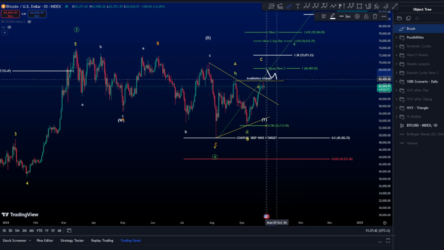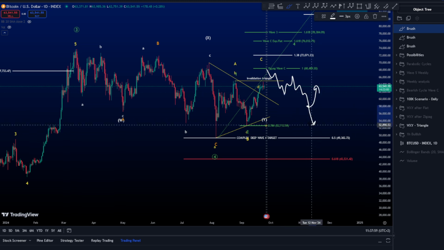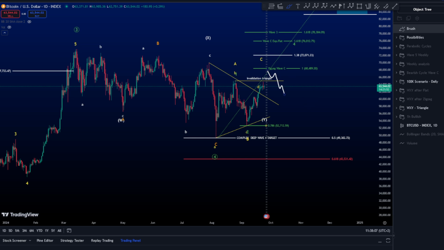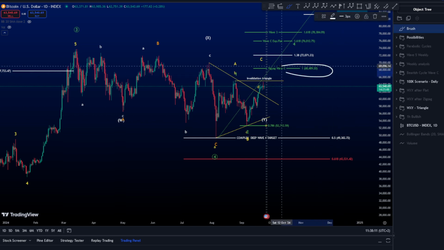In case we see a rejection with an impulsive wave towards the downside, the possibility of the bearish scenario goes up a little bit, where we would possibly see a zigzag that is still a correction, and we're going to look for higher prices. But it is also possible that we continue with a wave 3 towards the downside, where a zigzag can already mimic an impulse. So of course, level by level, to be treated after hitting this level.